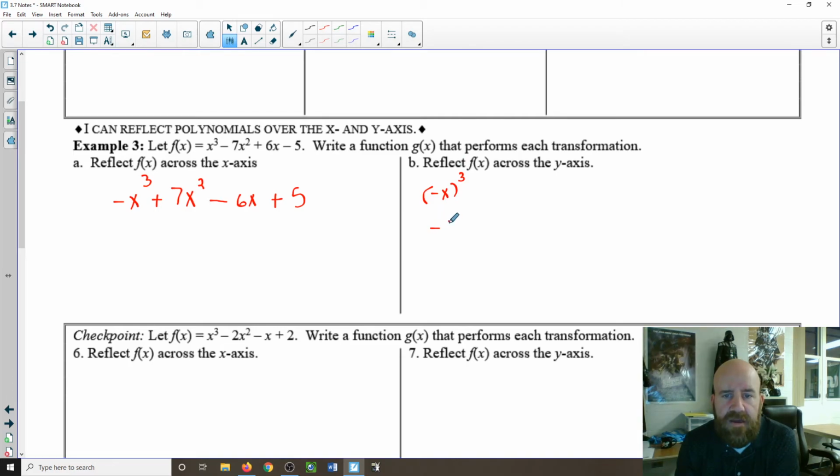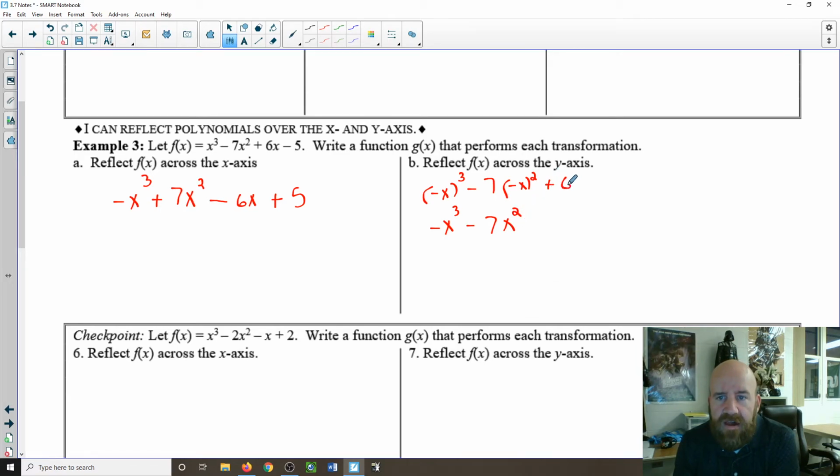That's going to end up being a negative x cubed because 3 negatives multiplied is a negative. And then this next one, we have 7 times negative x squared. Negative x squared is x squared, so that stays a negative 7x squared.